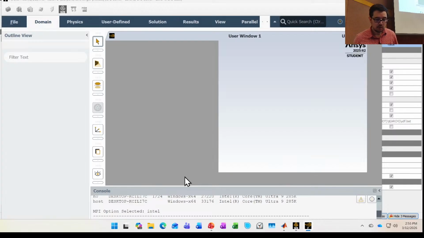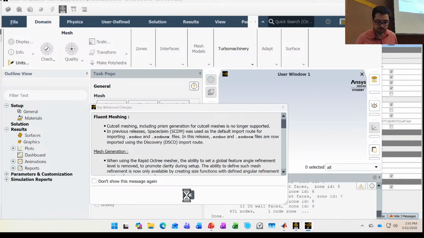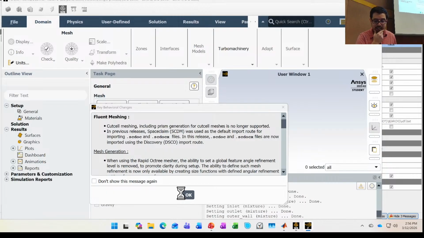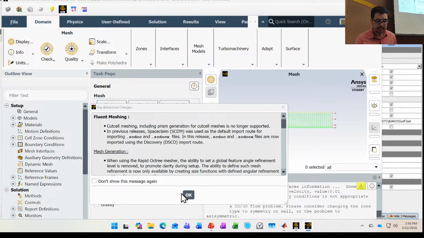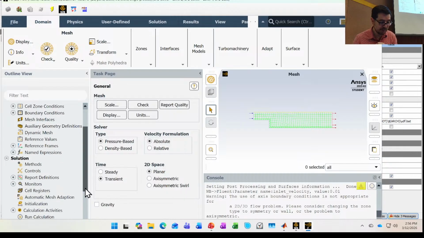Okay, so this is the same example that you were working on with the backflow over the step. It just needed some mysterious second click.